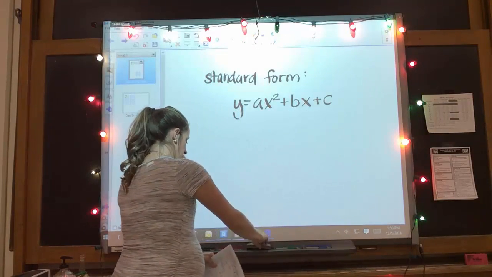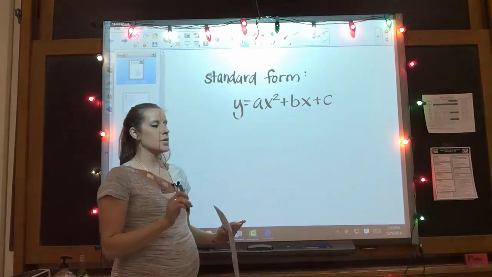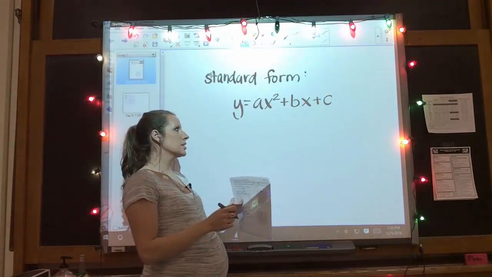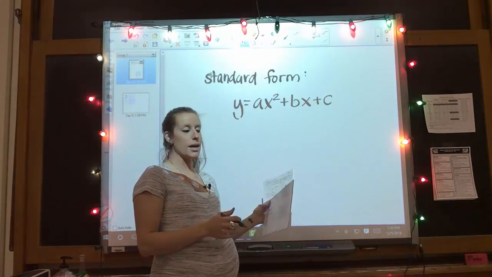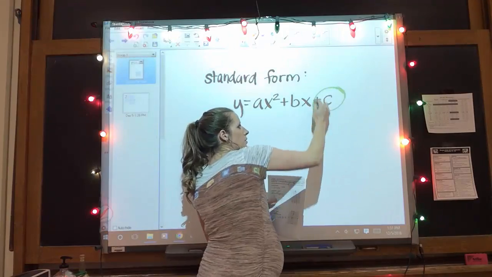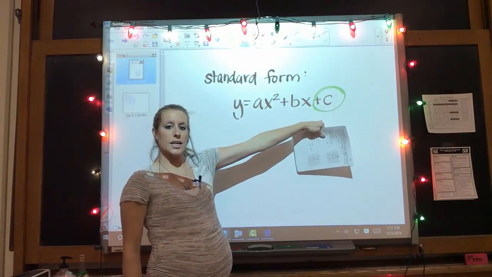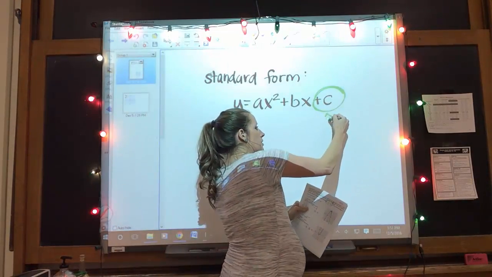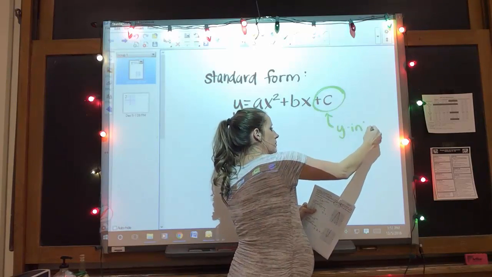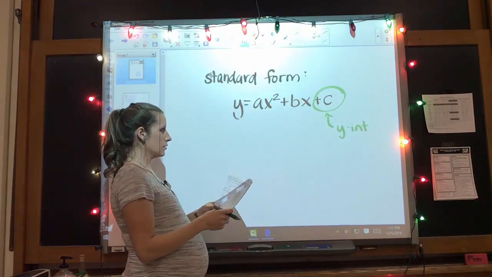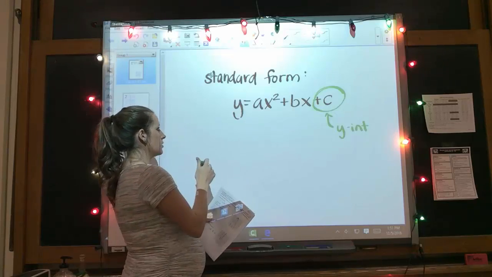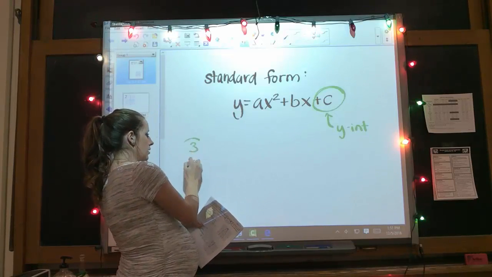All right, the cool thing about standard form is that it gives you your y-intercept in the equation. That very last number, your c, is your y-intercept. Okay, so let's look at number 3.